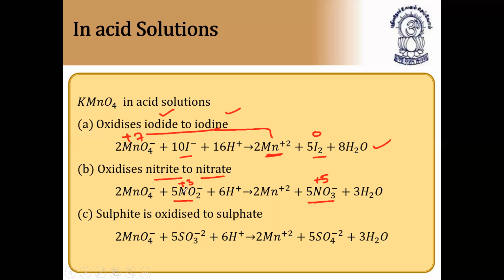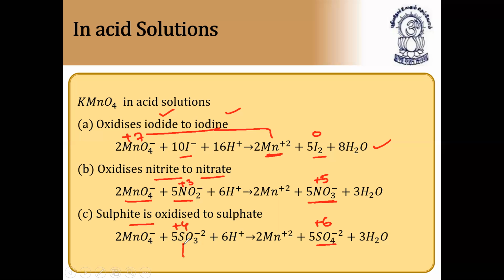The oxidation number of nitrogen is increasing from +3 to +5, so it is nothing but oxidation. So permanganate changes nitrite ion to nitrate ion. Similarly, sulfites to sulfates. The oxidation state of sulfur is x minus 6 is equal to minus 2, so it is +4. And here it is +6.